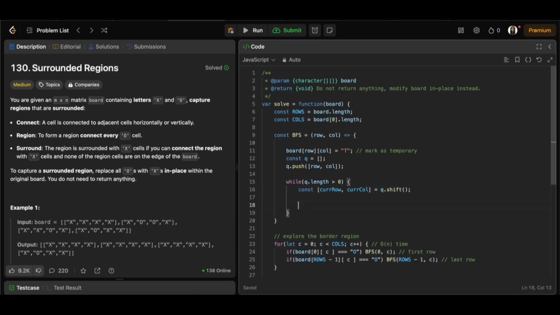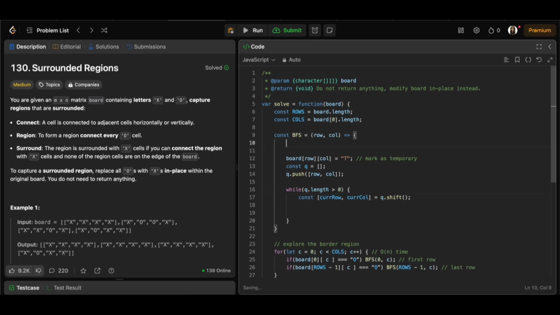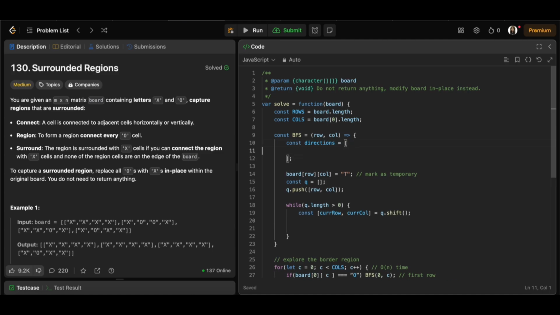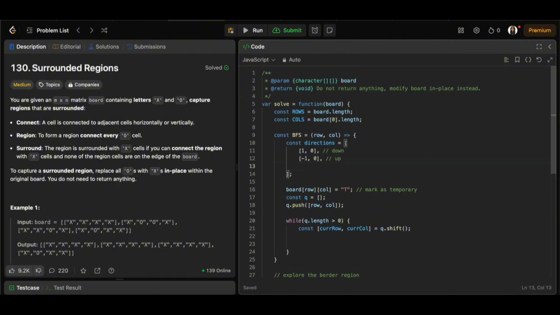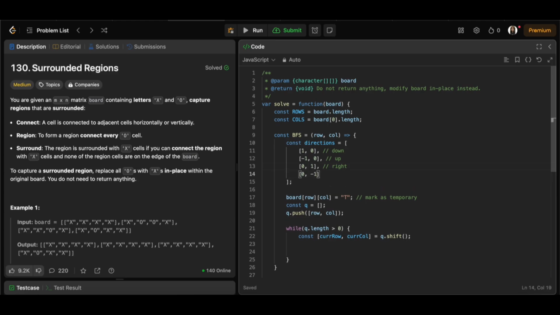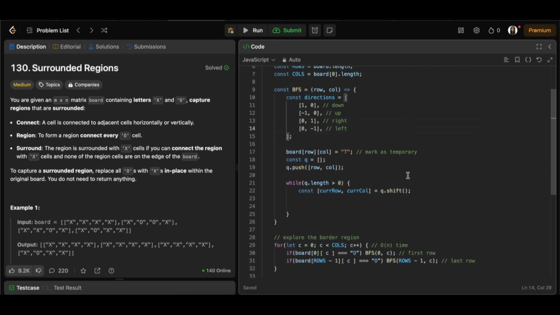It will need to explore the directions, right? We need to type it again. Const directions: 1, 0, this is down. Minus 1, 0, this is up. 0, 1, this is right. 0, minus 1 is left.